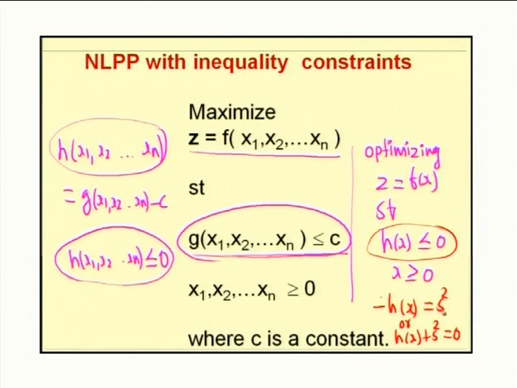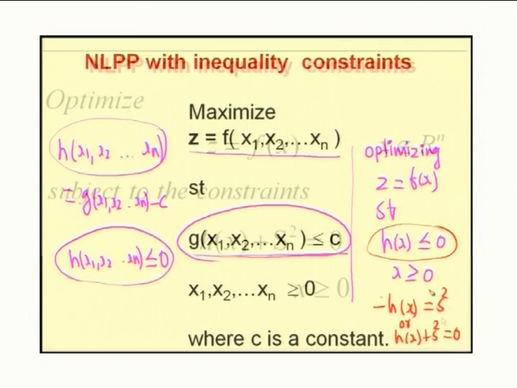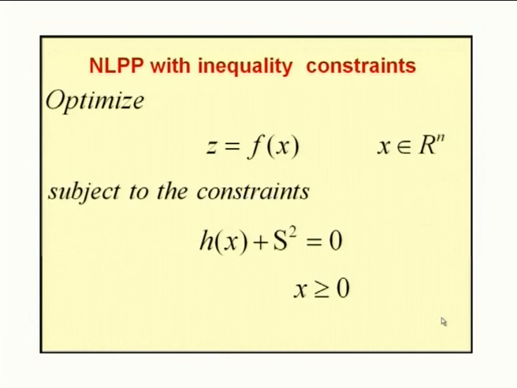We introduce such a slack variable for the purpose of converting the inequality constraint into an equality constraint. By defining minus h of x equal to s squared, the problem can be rewritten as optimizing z equal to f of x subject to the constraint h of x plus s squared equal to 0, x greater than or equal to 0.